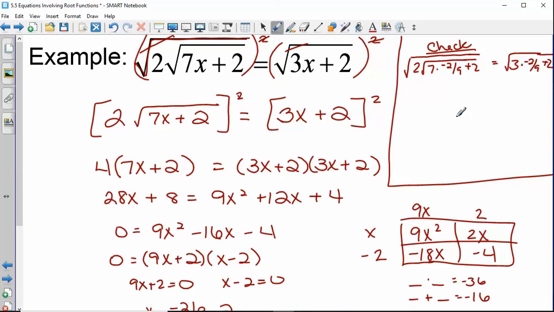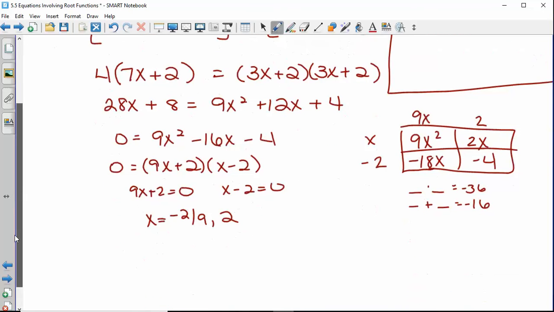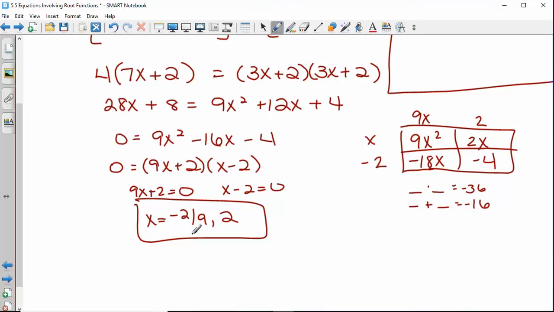So negative 2/9 works. The second thing we have to check is 2. So plug in a positive 2 for both of them. And it does give me an equivalent decimal again. So this time, both of them work.